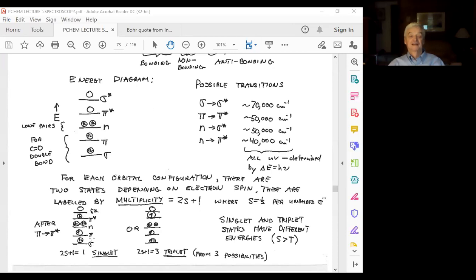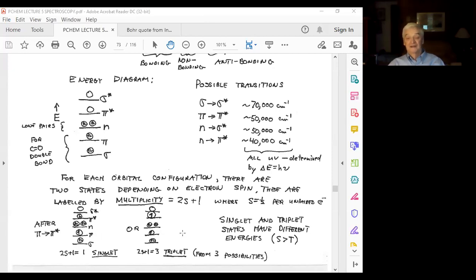I can take an electron here, shine it up about 50,000 wave numbers, and the electron in the upper orbital is going to still be opposite in spin to the lower one. So this system would not be paramagnetic. It would not have any unpaired electron spin. And so this is the only electronic state that you can form directly. And this is going to be called a singlet state.